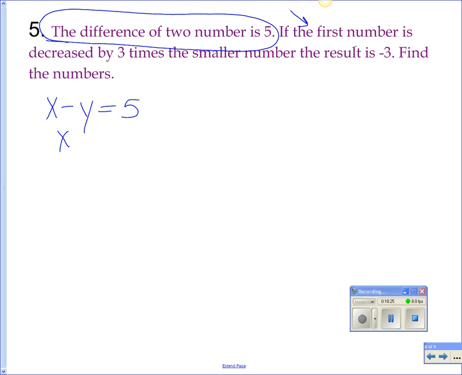So the is kind of goes with the decrease. What does decrease mean to do? Subtract 3 times the smaller number. So we got to use a different letter. What are we going to use for it? Y. So 3y. And then it says the result is -3. So I put?